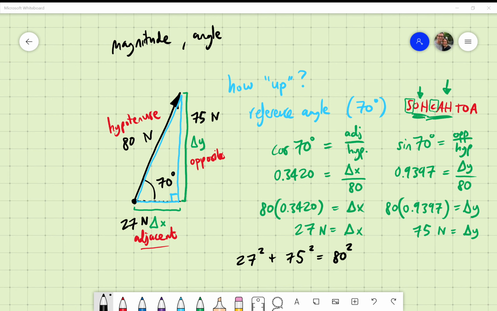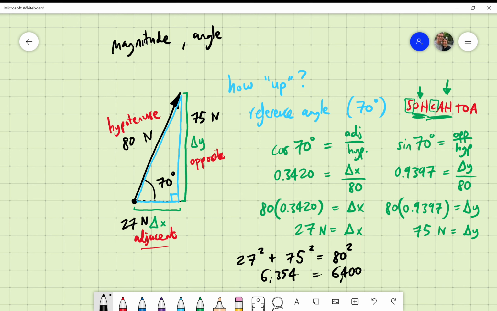Let's see how well we did. 27 squared plus 75 squared, I hope you got your calculator and that you just automatically do this, is 6,354. 80 squared, probably know what that is, just mental arithmetic, 6,400.